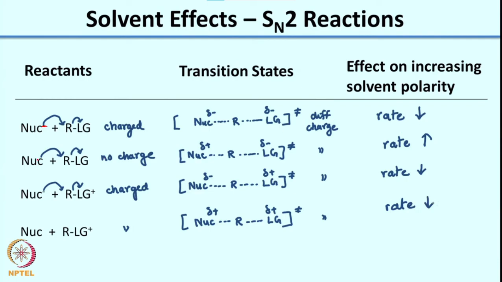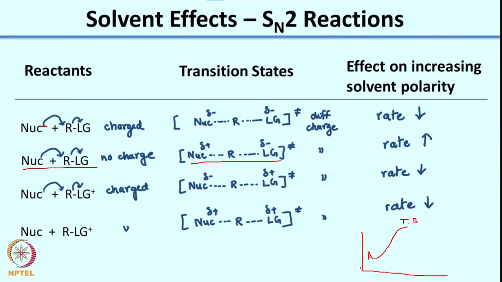Now the second case, both the nucleophile and reactant are neutral, that means no charge, but the transition state has a dispersed charge. Right, here there is no charge, but here we have charge. As I told you, whenever a charged species is there, the energy of the charged species becomes lower. So here we have neutral. Suppose this is our normal A. For the second case I am writing here the transition state.